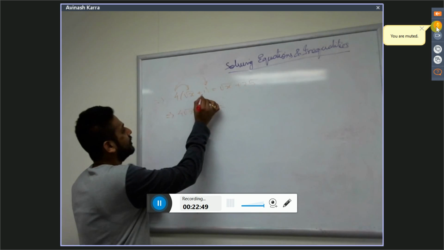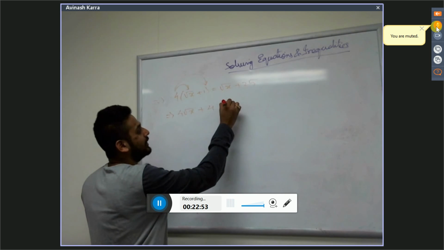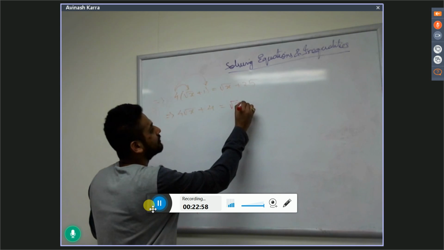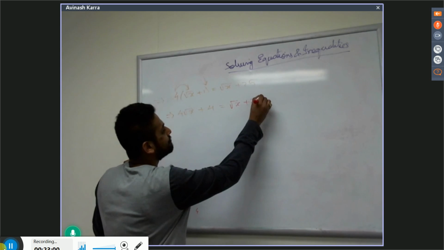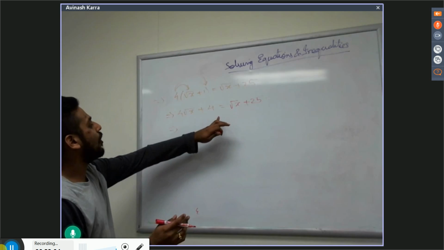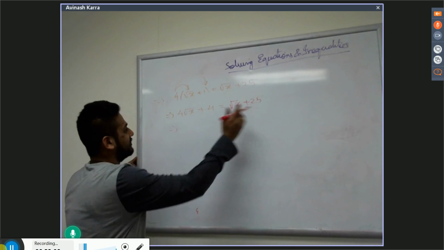So 4 into root x, 4 root x plus 4 into 1 is 4, and this one will be root x plus 25. So what is the next step? Get all the variables to one side and all the constants to the other side.